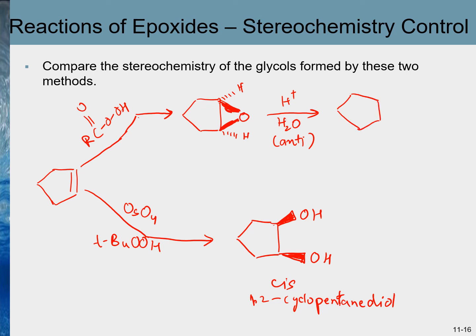In the trans product, the two hydroxyl groups of the diol will be on opposite sides. We will get a pair of enantiomers, so this reaction will give us a trans 1,2-cyclopentane diol.